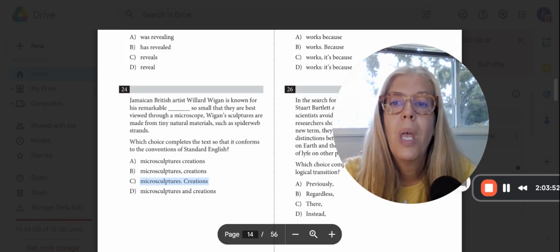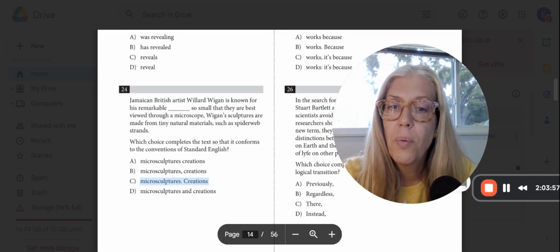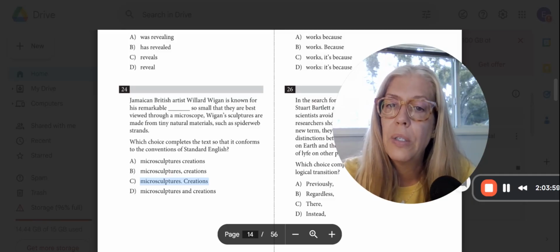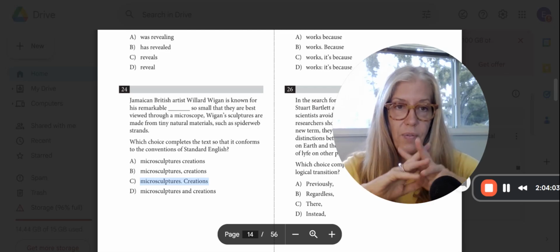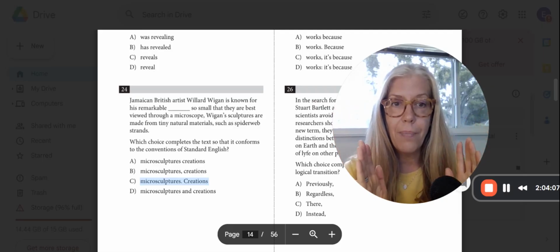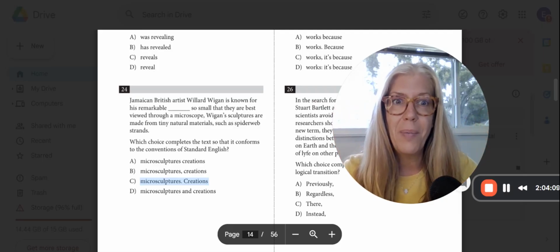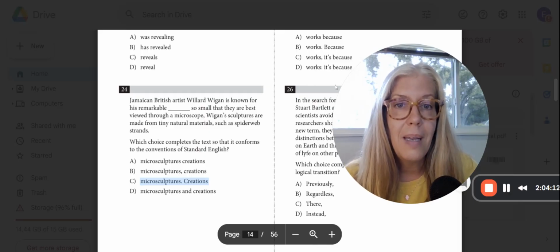Period. Creations so small they are best viewed through a microscope. Wigan's sculptures are made from tiny materials such as spiderweb strands. That stands on its own. Both of these sentences can stand on their own, and they have a period in between. So 24 works.